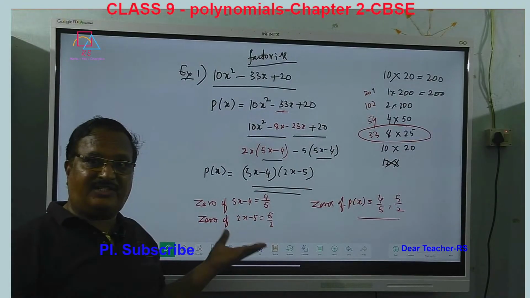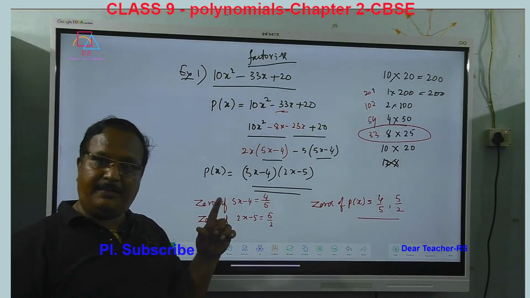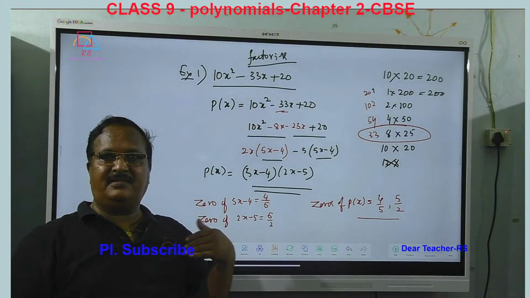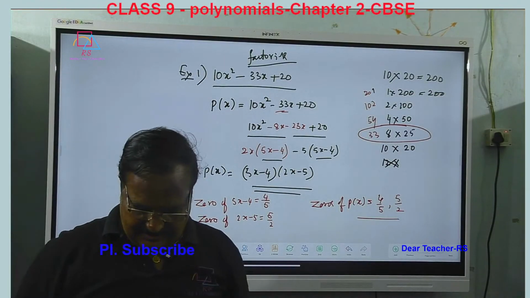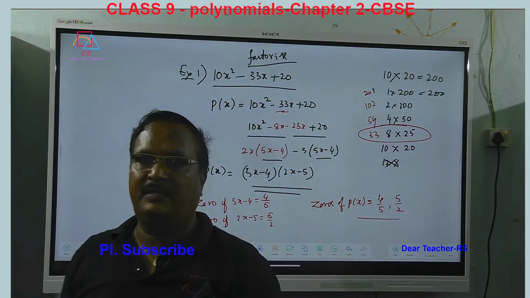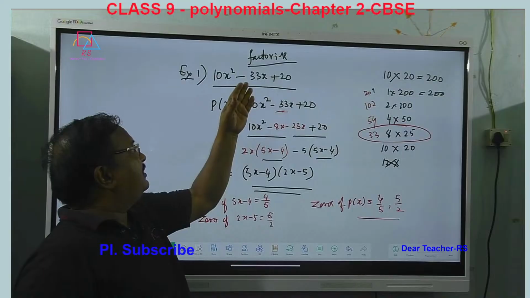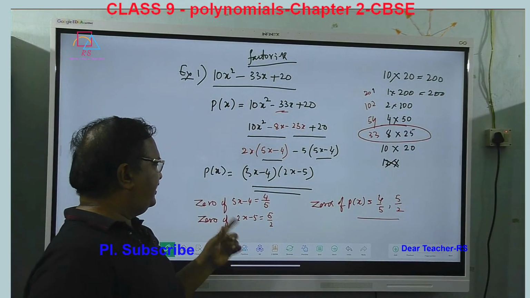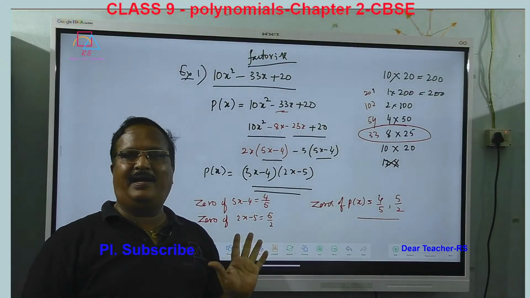So this is the extension of the problem. He may be giving only factorization, factorize. Otherwise, one more thing he may be giving: find the zeros of this polynomial. So if find the zeros is there, this red color part is to be added.